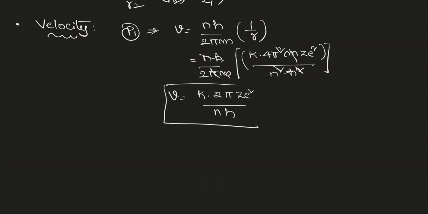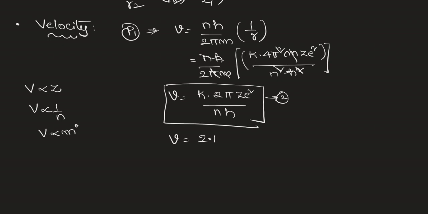Let this be our second equation. We can say velocity is directly proportional to z, velocity is inversely proportional to the principal quantum number, and velocity is independent of mass. So v, if I substitute all those constants, we'll get 2.18 into 10 to the power of 6 into z by n, or else we'll represent this as v naught into z by n.